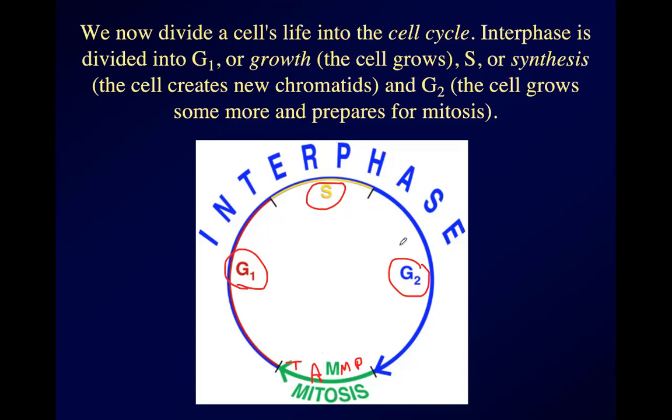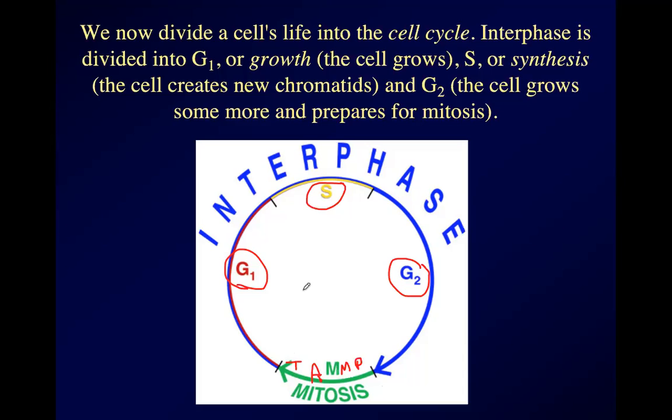There are some cells where G2 takes almost no time and you go from S almost immediately into mitosis. There's others where G2 might just pause and last indefinitely. It all depends on the type of cell. A rough average would be that mitosis takes about an hour and interphase might take maybe a day, but that varies immensely, depending on what organism you're talking about.